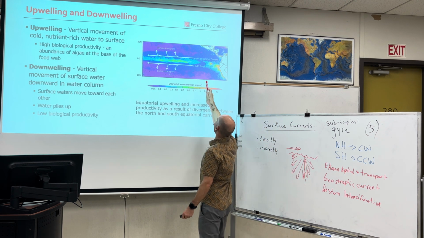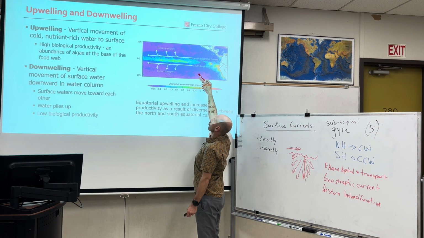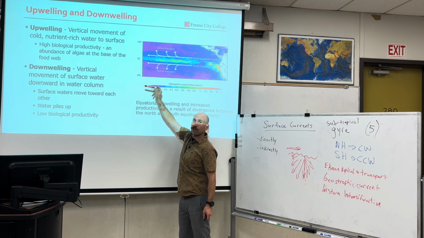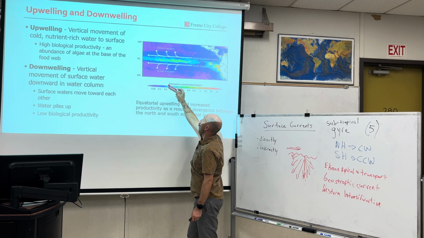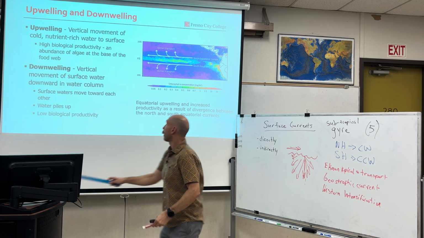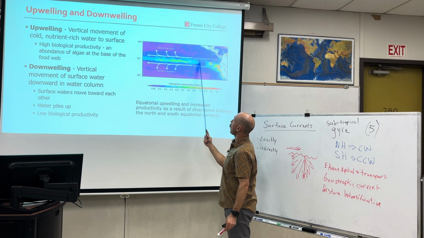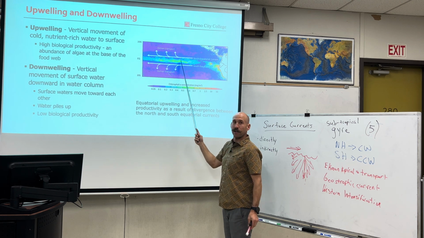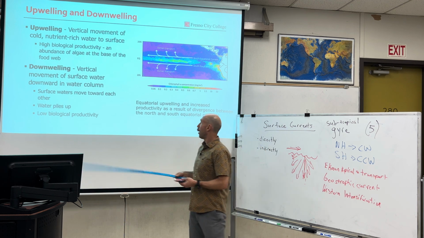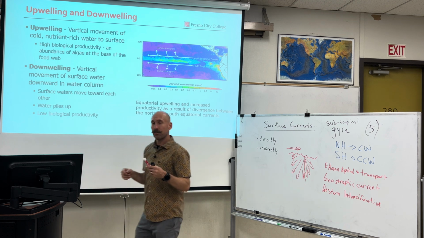So here along the equator, the winds blow from east to west. These are called the trade winds. The Ekman transport of the trade winds causes the net direction of movement away from the equator, creating upwelling that brings nutrient-rich cold water up from deep, allowing for high amounts of biological productivity.